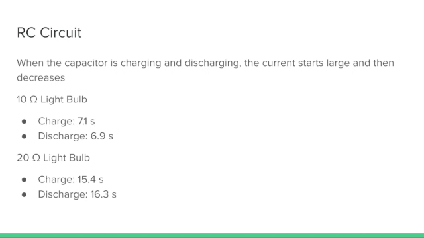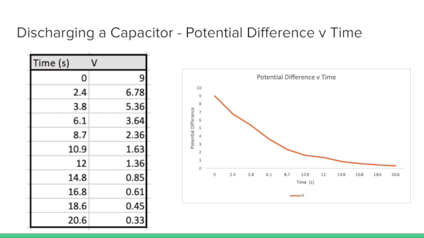And whenever the capacitor is charging and discharging, the current starts large and then decreases. And this is the charge and the discharge time of each of the light bulbs used. Over a 20-second period, this is the graph for the potential differences versus the time of a 30 ohm resistor light bulb.